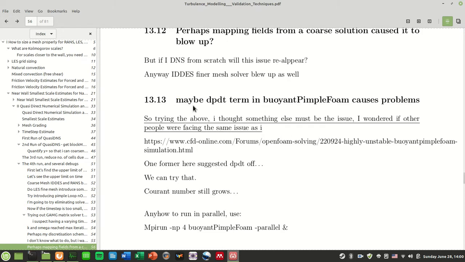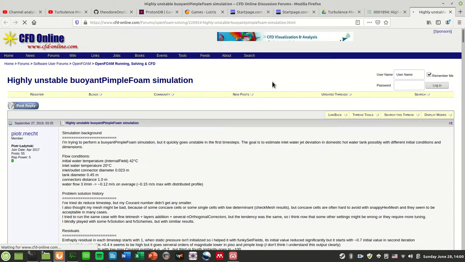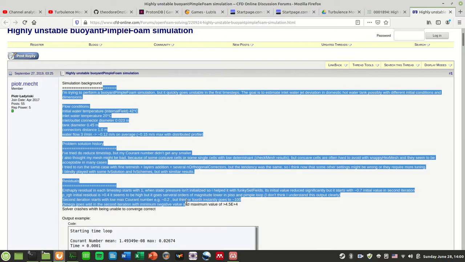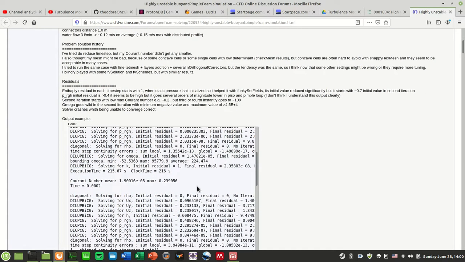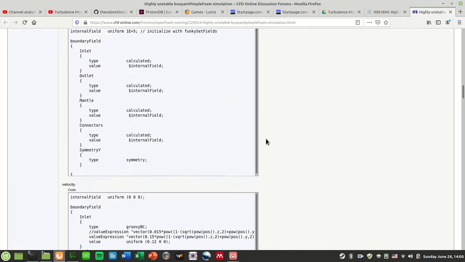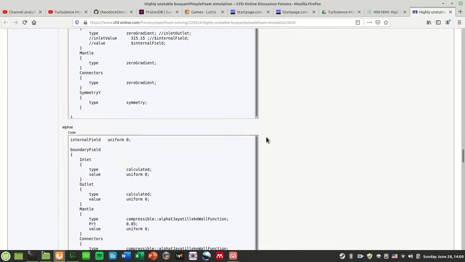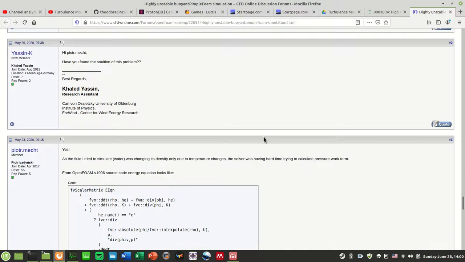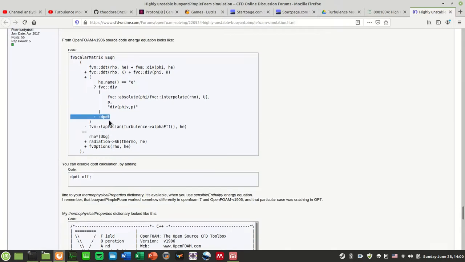Someone thought maybe this dp/dt term in buoyantPimpleFoam actually causes problems. So I tried turning off the dp/dt term. Someone on the forums online said they turned off the dp/dt term. How do they do it? The dp/dt term is here.